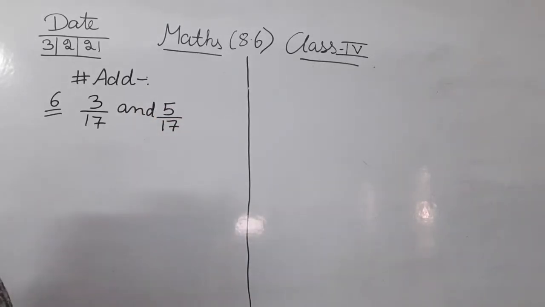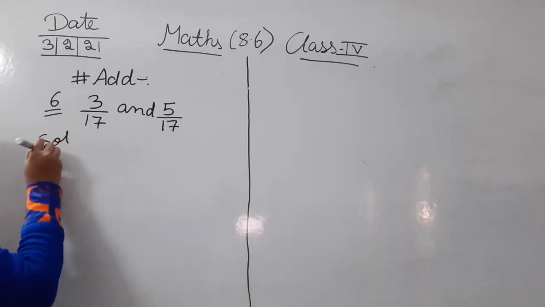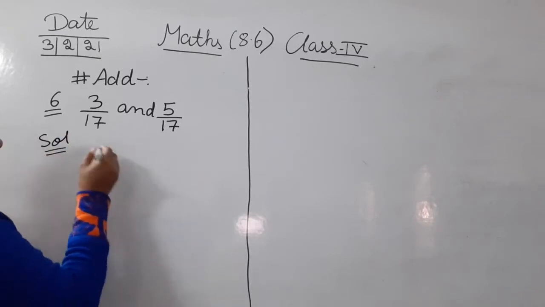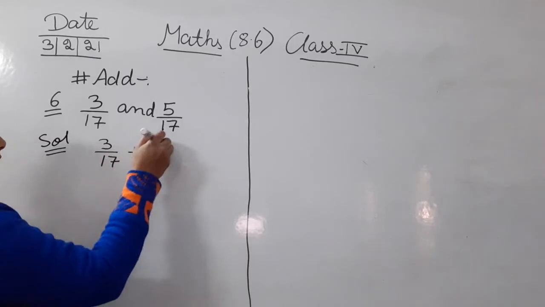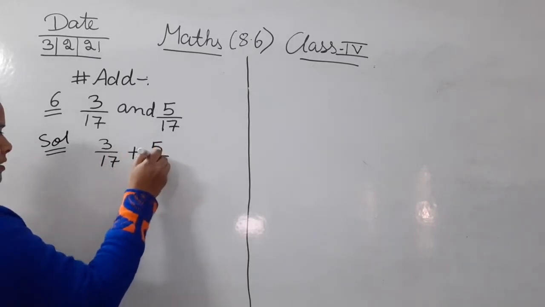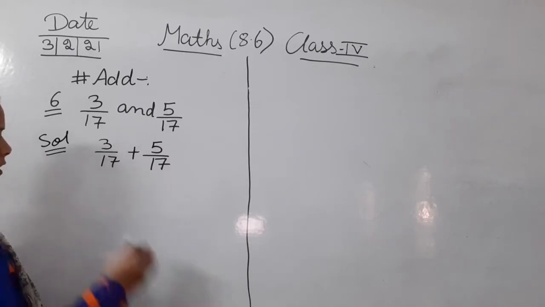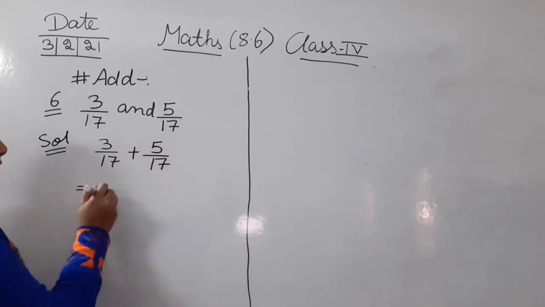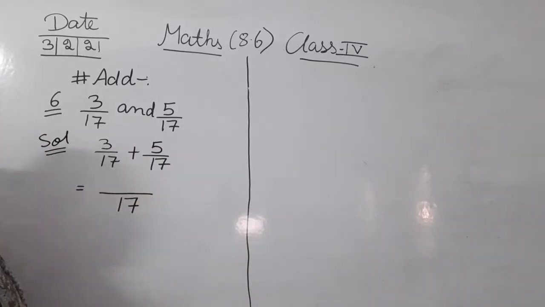Now let's add both these fractions. Solution. Add 3 upon 17 plus 5 upon 17. Let's take the common denominator 17.